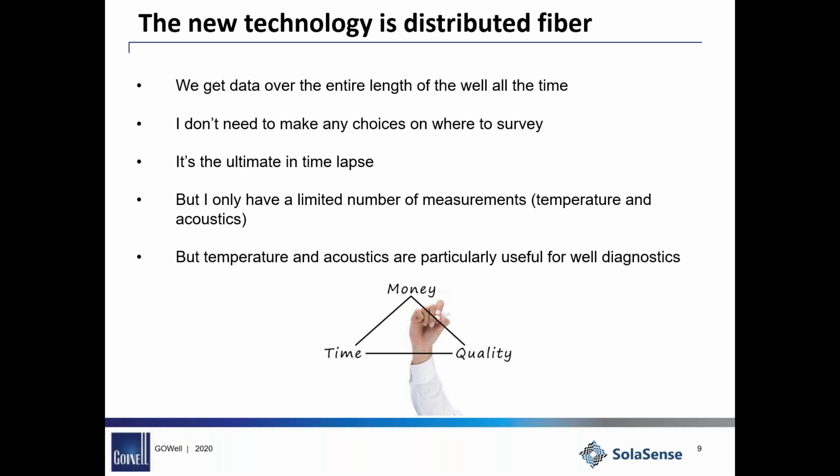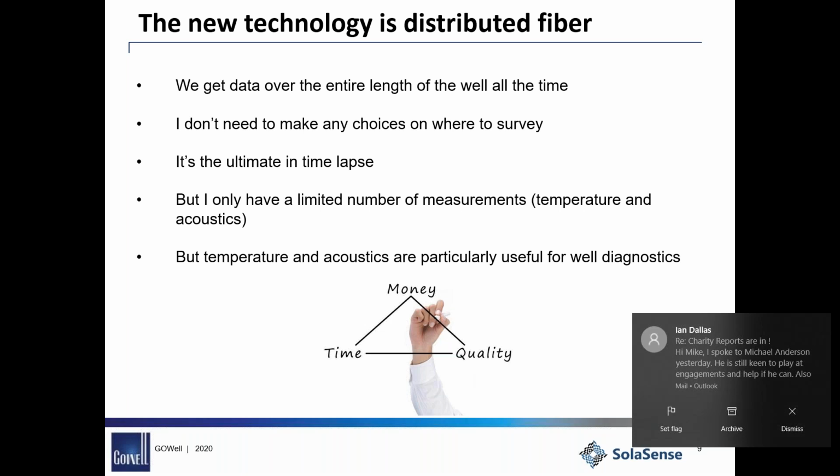So you would have a distributed survey with acoustics and temperature, as well as your conventional pressure gauge. That's a really powerful surveillance combination. You're already going into the well to take a pressure. Well, why not use exactly the same kit, other than swapping out the drum for a fibre enabled drum, to give you a much richer data set.